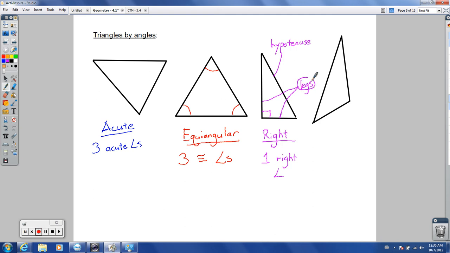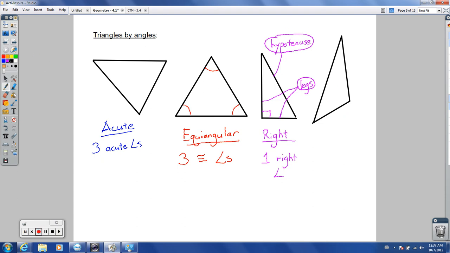The legs are adjacent to each other, so adjacent legs right here, they touch each other. They share this common vertex, and then the hypotenuse is across from the right angle. The hypotenuse is always across from the right angle, and it's also always the longest side. So that's the hypotenuse. These are the legs.